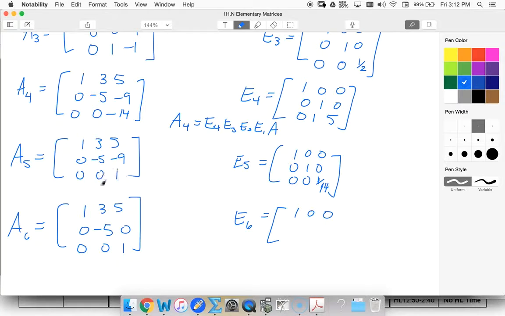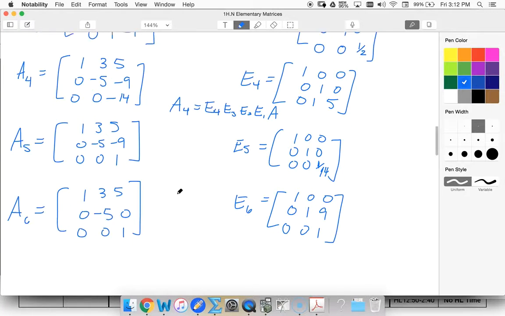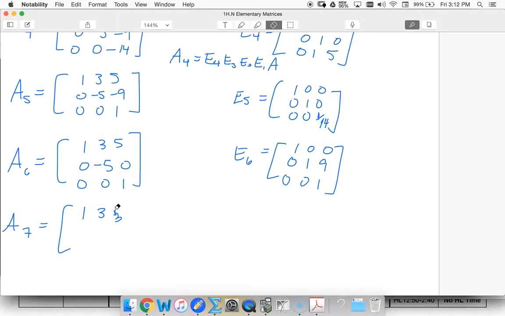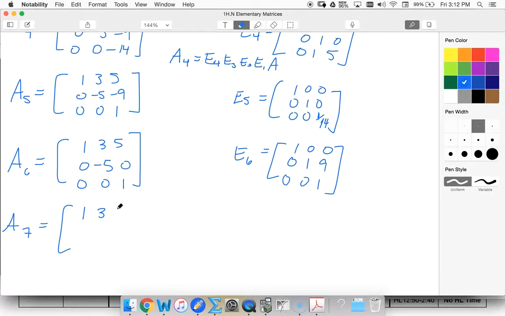Now I multiplied row 3 by 9 and then added, so 0, 1, 9. Then 1, 3, 5, 0, 1, 0, 0, 0, 1. In this case, I multiplied by negative 1/5 on row 2.